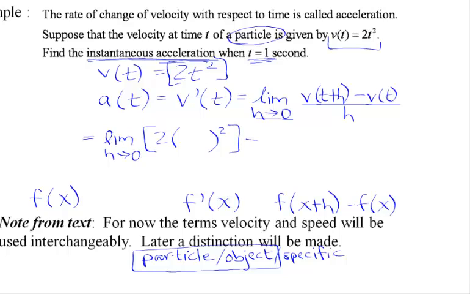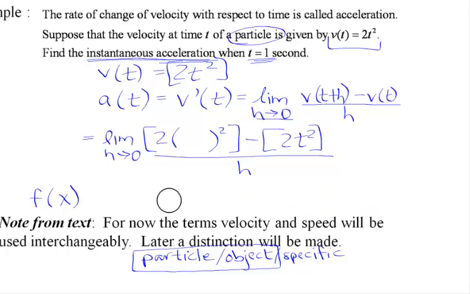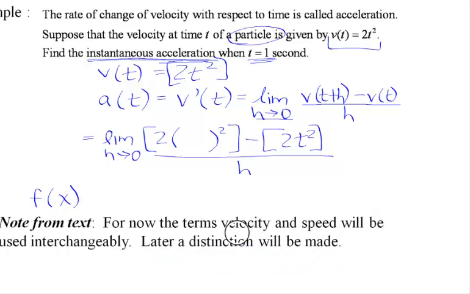Same process, even though the functions look different. My process was to take the original function as given, write open parentheses where it had an independent variable. For us here it's t, and in the other problem it was x. Now, everywhere that this function has a t, this function has a t plus h. And now I have filled out the definition of the derivative. This result will be v prime of t, equivalently written as a of t, or acceleration.